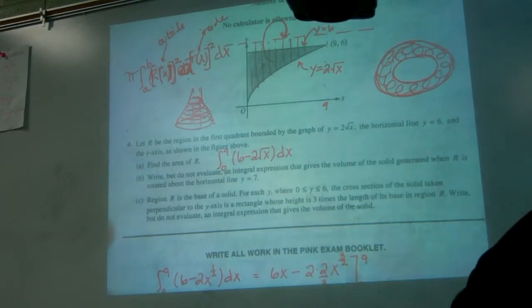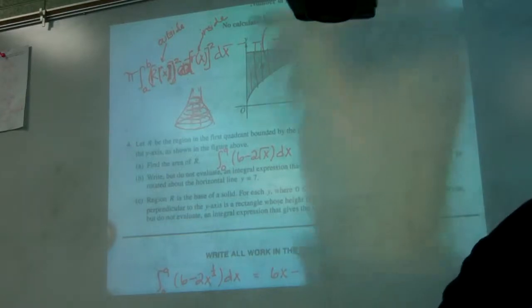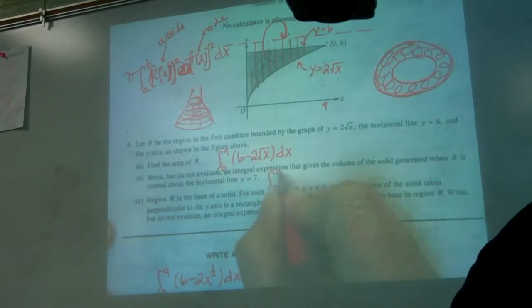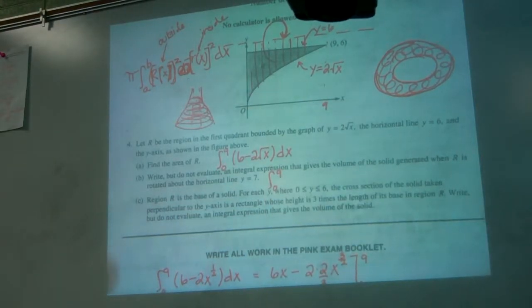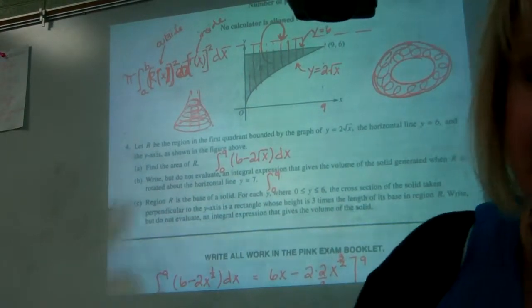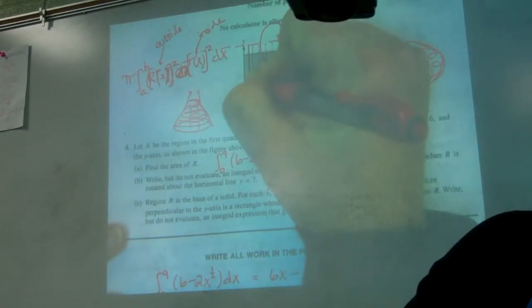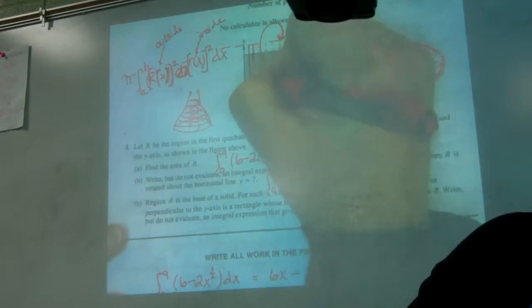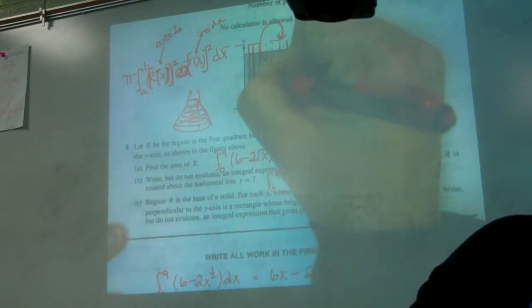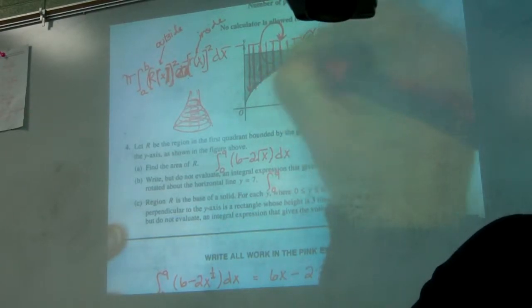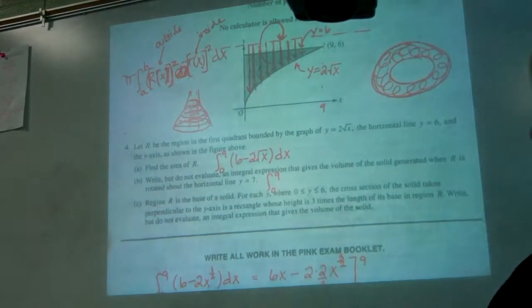So let's see what those would be. We're still going from 0 to 9 because we're still stacking our disks from 0 to 9. All right, so the radius is always measured from the axis, and the outer radius goes from the axis of rotation to the outer edge of your graph. So what would this be? It's not constant, it changes the whole way up.